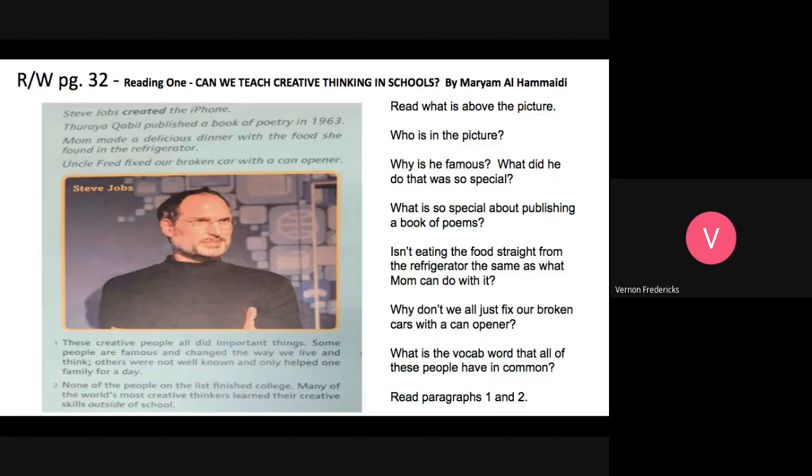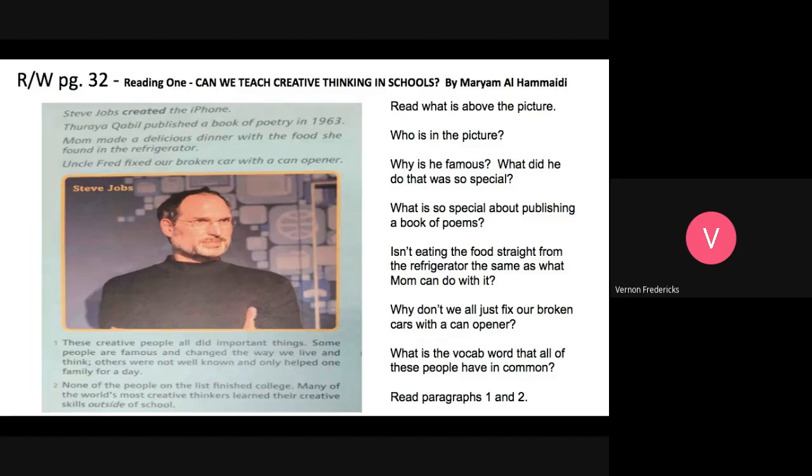The next question is, what is so special about publishing a book of poems? Of course, poems are not easy to write, okay, and to have a book of them is fantastic.